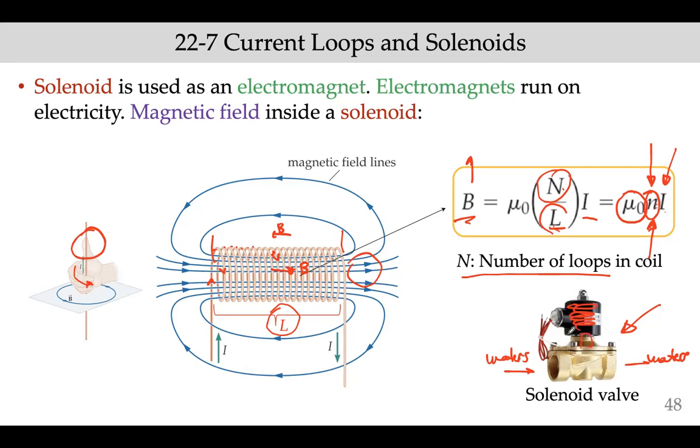So you can turn this coil on and off, and move the valve inside up and down to let the water flow or to block the passage of water. So this is basically a solenoid, or electromagnetically controlled valve.